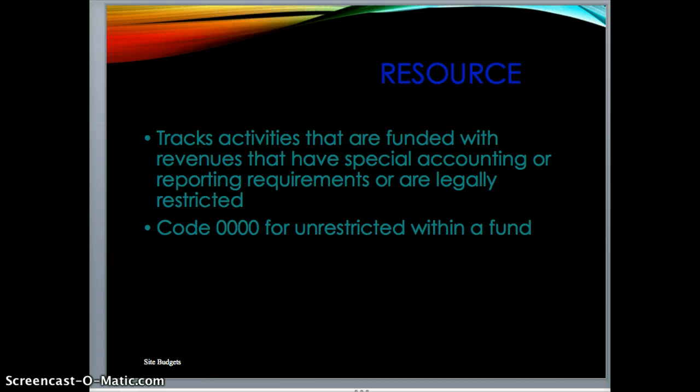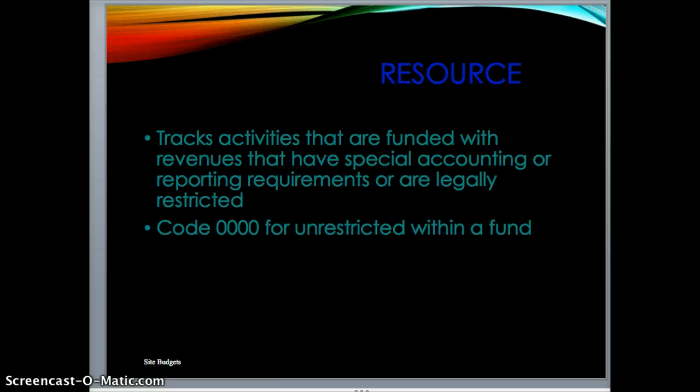So restricted items like special ed, like Title I, Title III, unrestricted lottery, let's say, lottery's a little different, but all those special funds, you might get TIG money or something, those have unique resources that are assigned by the state so that any monies or expenditures associated with that item are all coded with a specific unique resource.